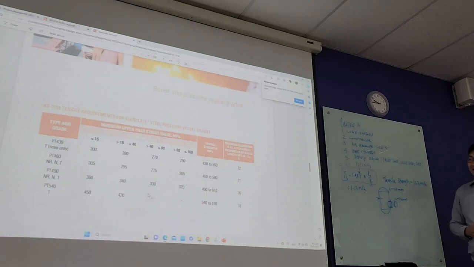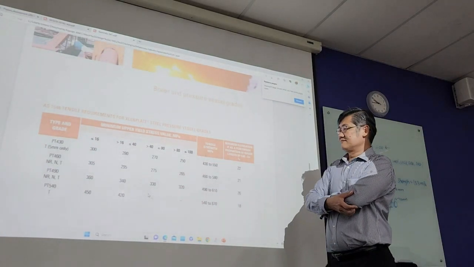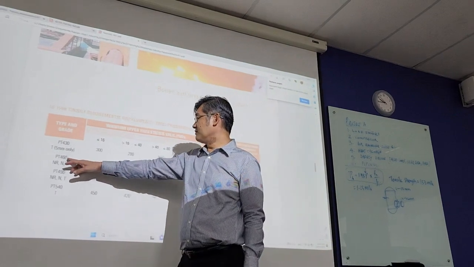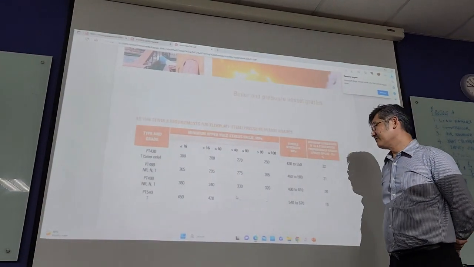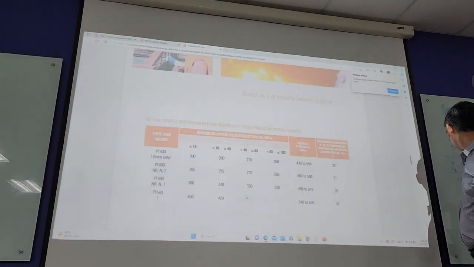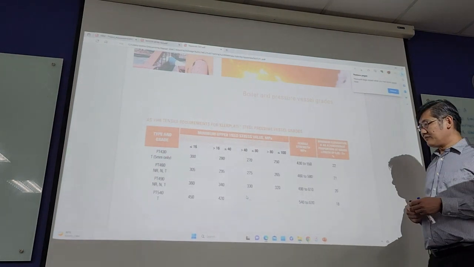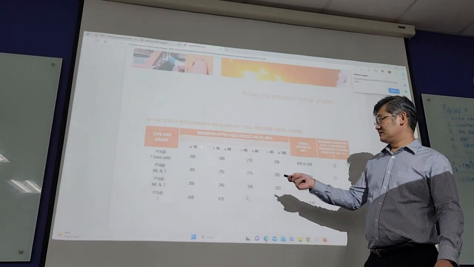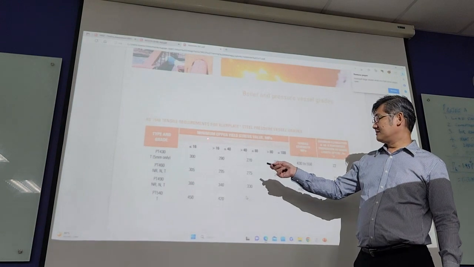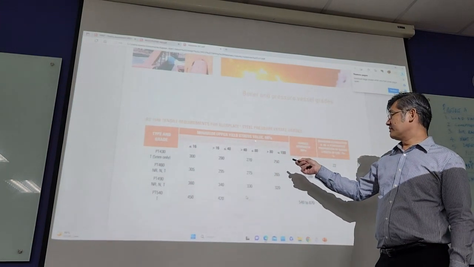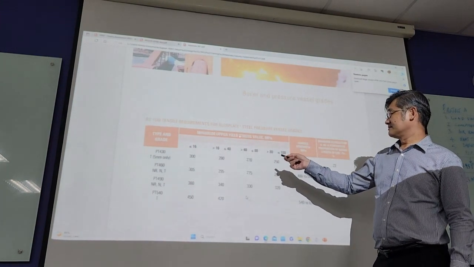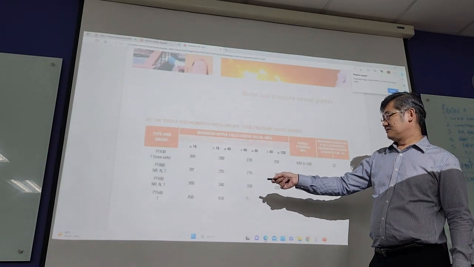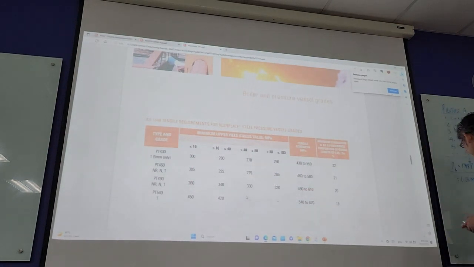Now we look at this. Under PT460, the material that we have. According to this, if we take the thickness in mm as a reference, what would be the minimum upper yield strength? 305, right from the catalog.